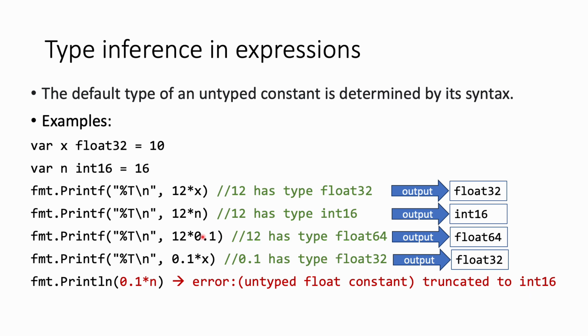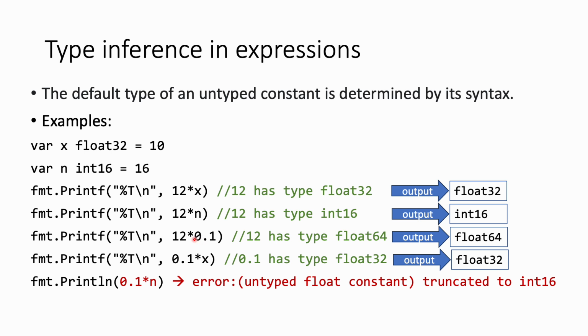But in an operation between two untyped numeric constants, such as 12 multiplied with 0.1, both constants get the default type of the constant with higher precision.